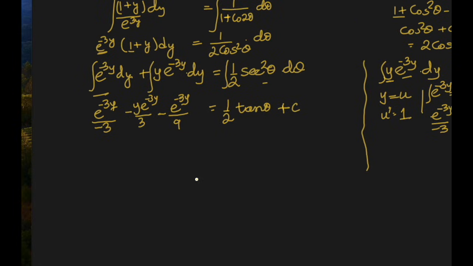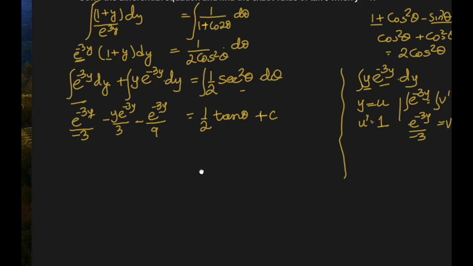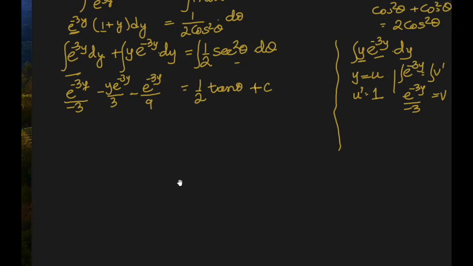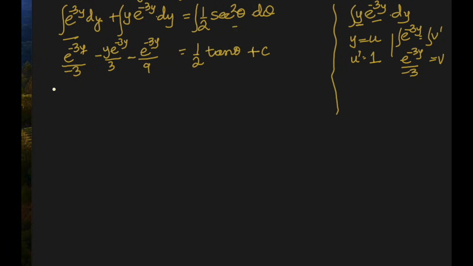Integration part is done, but our differential equation has not been solved yet. They have given us y equal to 0, theta is 1 over 4 pi. So let's put y equal to 0, and when y is equal to 0, theta is 1 over 4 pi.